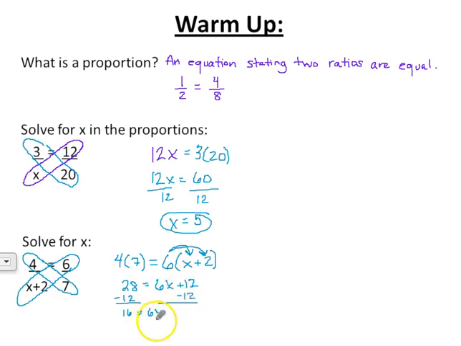And then I'm going to divide 6 on each side. I'm going to write my answer over here. So x is going to equal 16 over 6, which I know I can reduce. I can divide a 2 out of both those terms and get 8/3. So x equals 8/3.